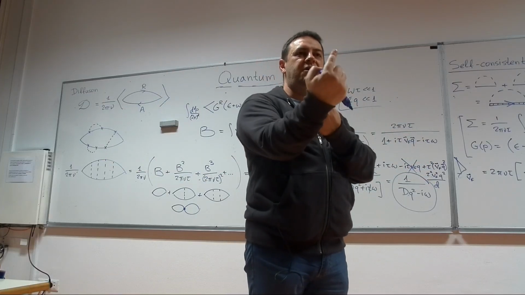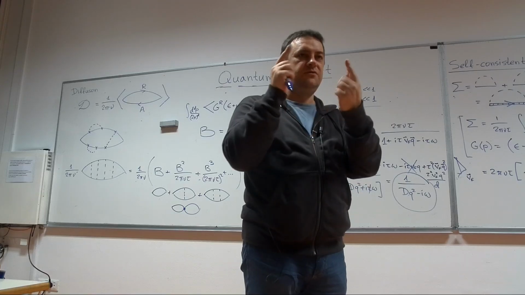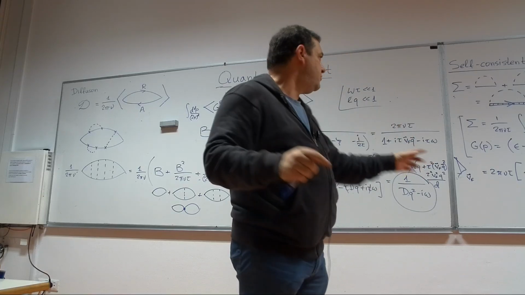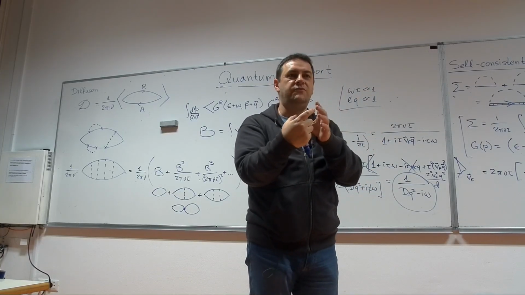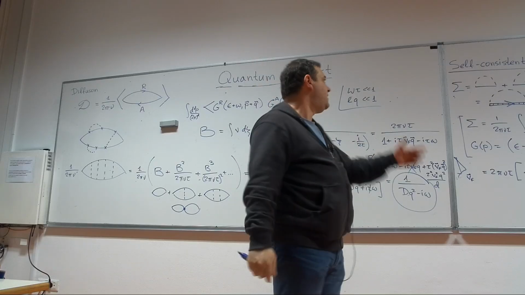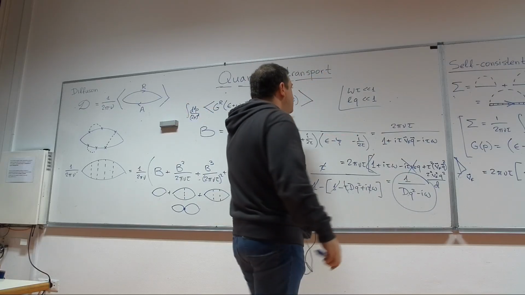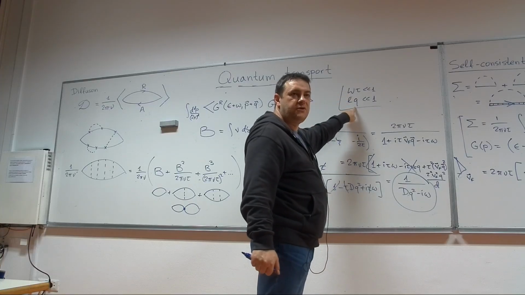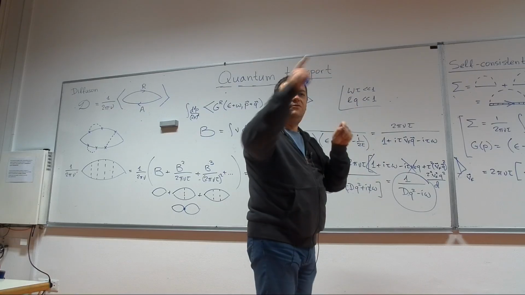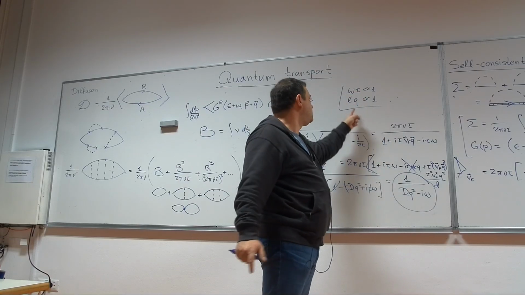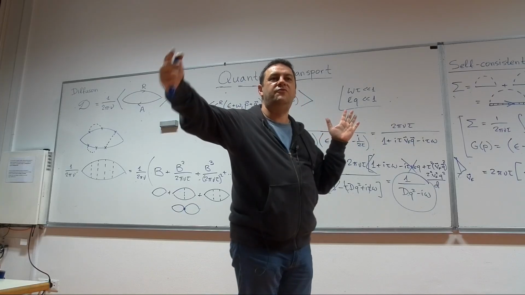But on the scale of mean free path, there is no diffusion, there is a ballistic motion. And on times shorter than tau, there is no diffusion, there is just ballistic motion. That's why the diffusion equation applies only when omega and q are small enough such that within one period of omega you have many scatterings, and within the wavelength of q you have many scatterings.